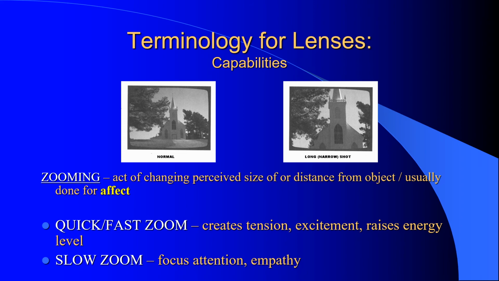So you may go from a head and shoulders shot to a very slow zoom into just the person's face, so that you can see the emotion in the person's face and in turn have some empathy for that person and whatever emotional response that person is having.